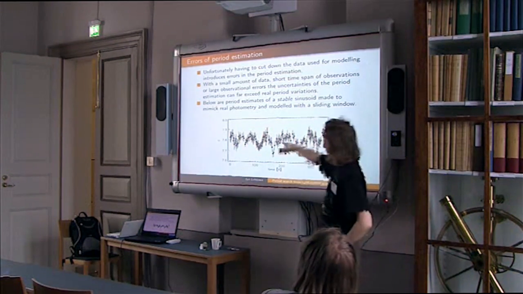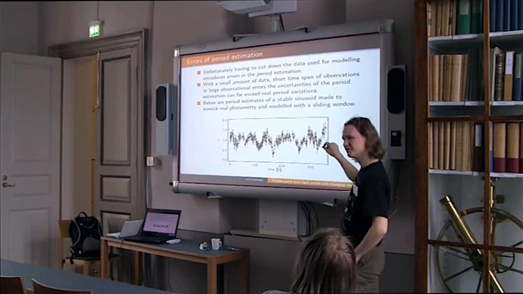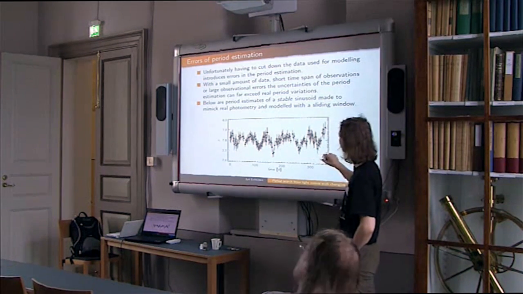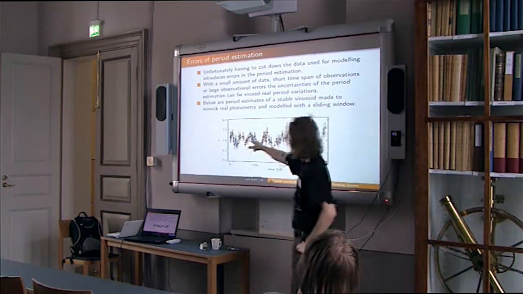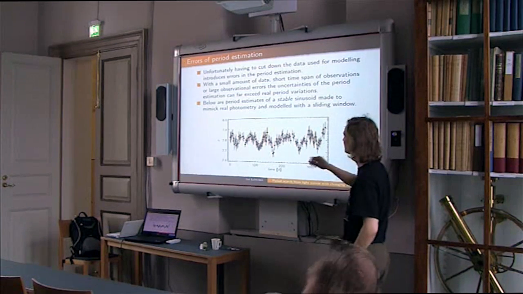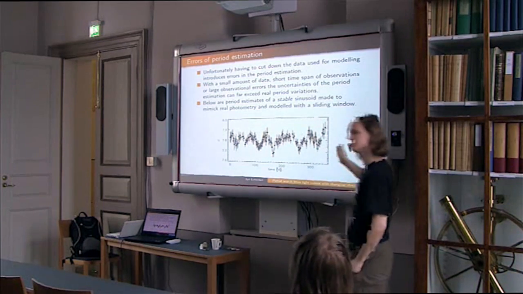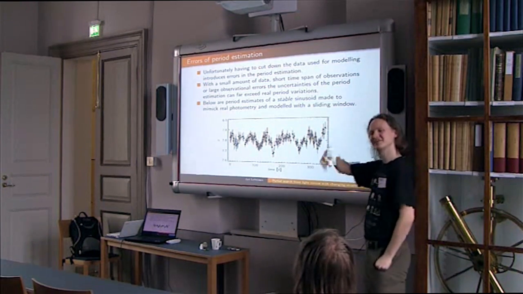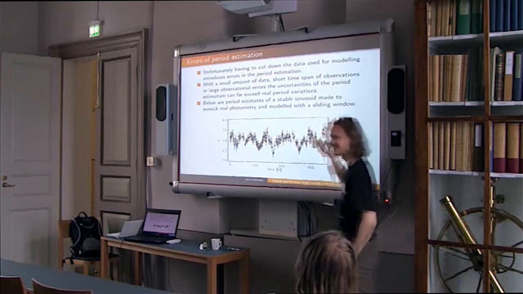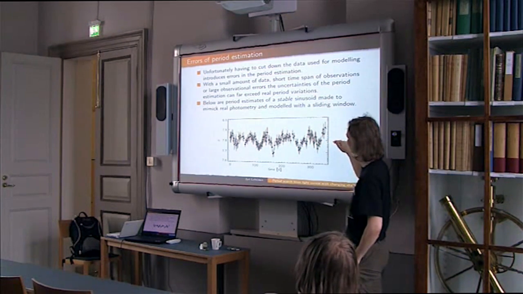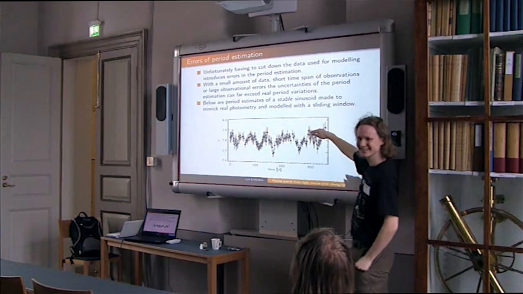So this is an example. These are model results, period estimations from a dataset that was created to resemble real photometry with a period of 7.8 days and realistic noise and realistic observation times. But this is a stable sine curve with a constant period of 7.8 days. And see what's happened here. You have periods between 7.7 and 7.9 days.